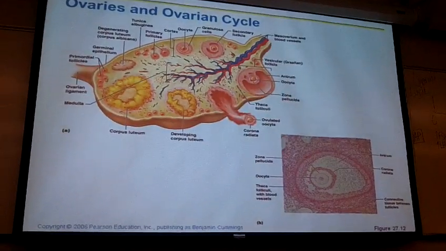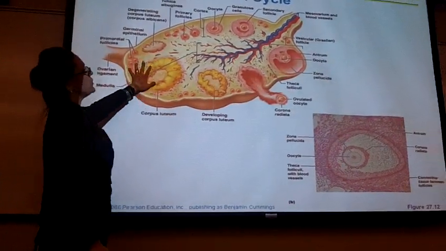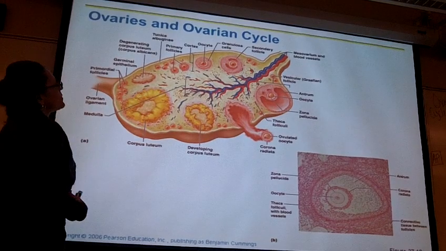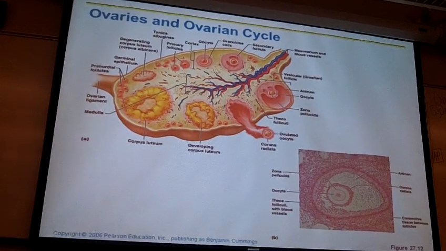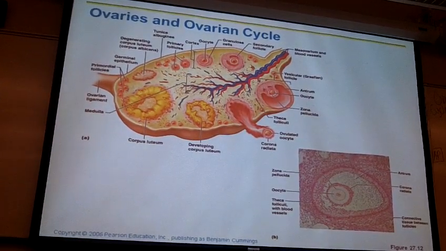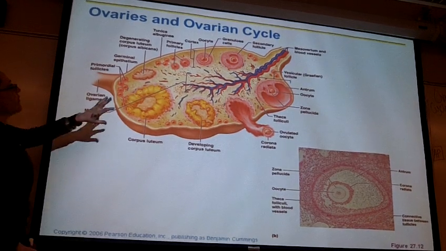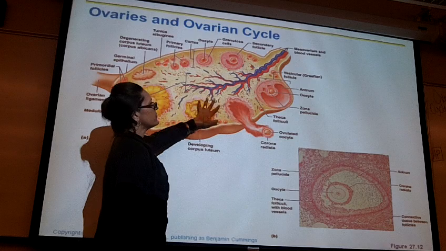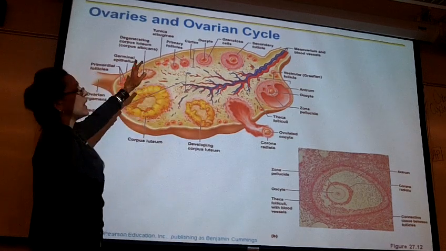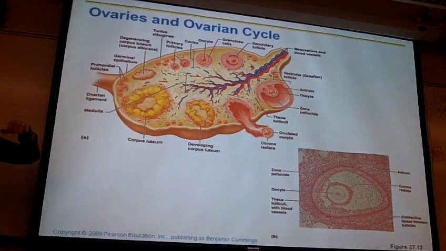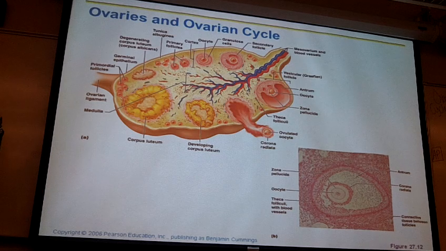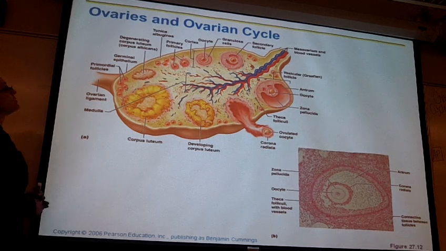Okay. So, over here, when you look at the ovary, particularly if you're looking at an adult female, you're going to see follicles at different stages of development. So you'll see lots of primordial follicles. You'll see some primary follicles. You'll see some secondary follicles.